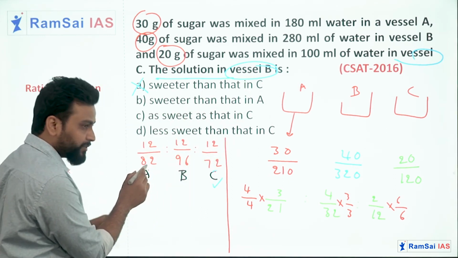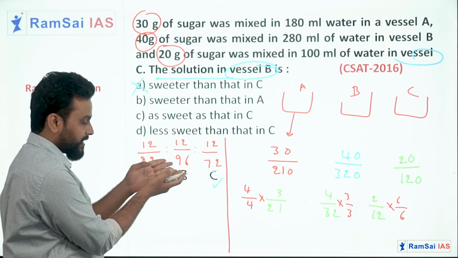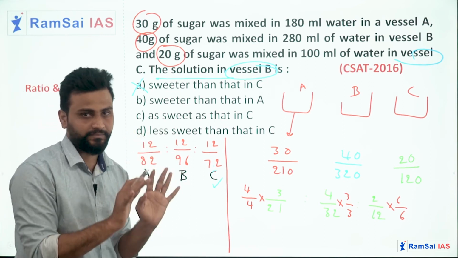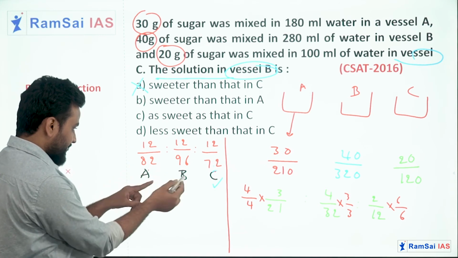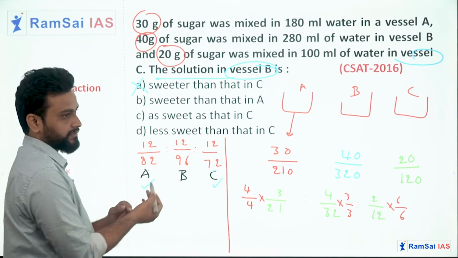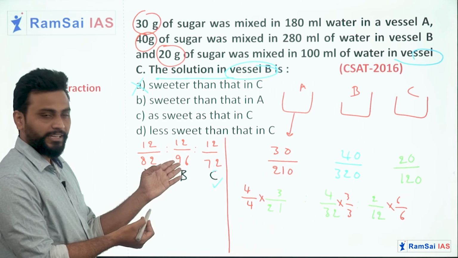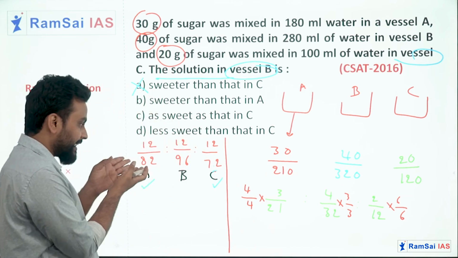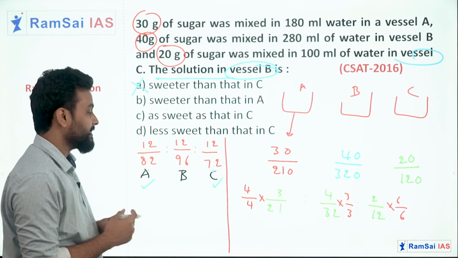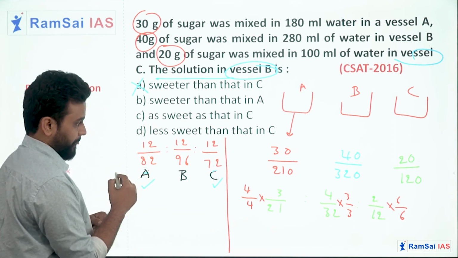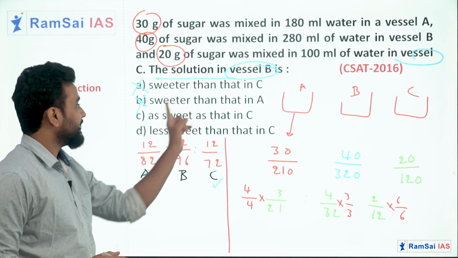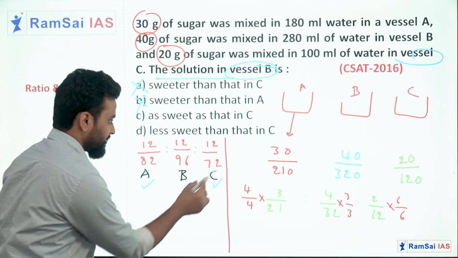Out of 63 liters we have 12 liters of sugar, and out of 96 liters we have 12 liters of sugar, whether it is liters or ml, anything. So it is clear that A is sweeter than B, because B is the diluted one. Out of 96 liters we are just adding 12 liters, but with 63 liters itself we are adding 12 liters, right? So A is sweeter than B. So I can cancel this as well. Vessel B is not as sweet as C.